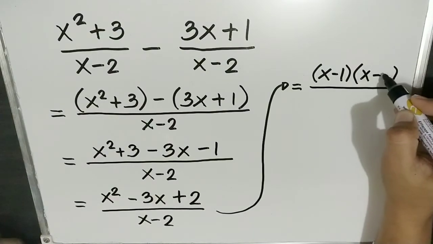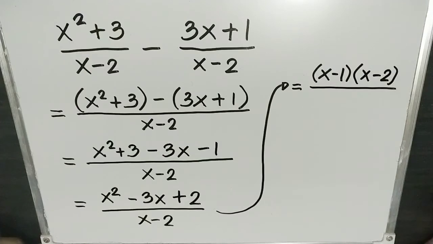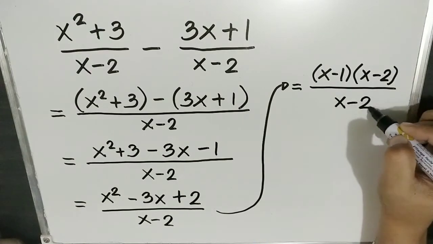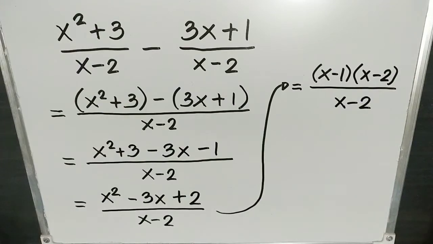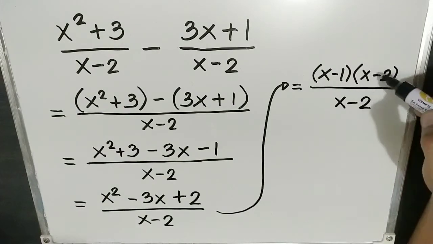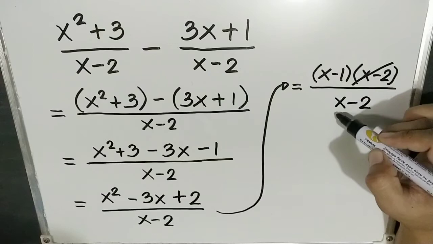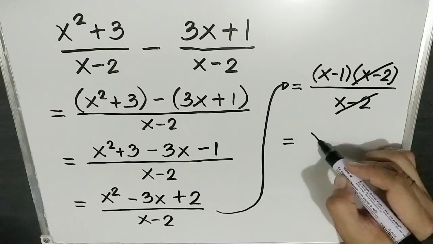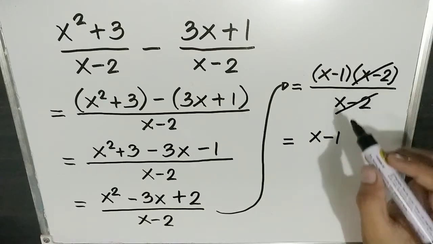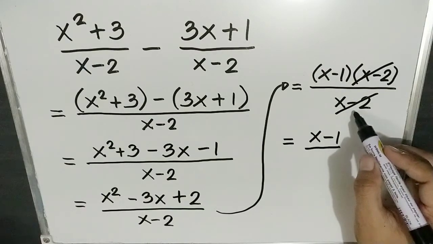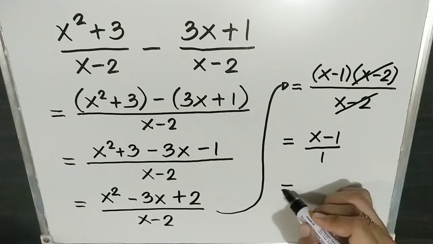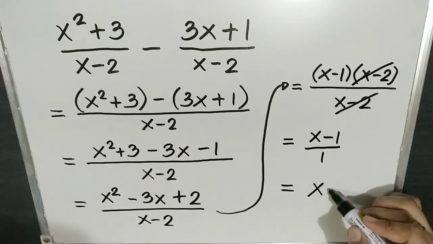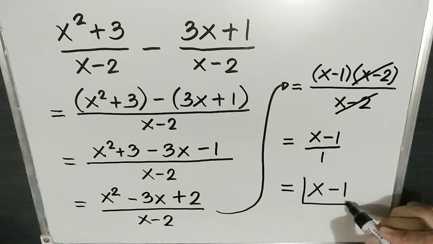The other one is x minus 2. Alright, then copy the denominator x minus 2. So in this case, we can cancel or cross out the common factor x minus 2 and x minus 2. So we have x minus 1 in the numerator, and in the denominator we have 1 here. So our difference in simplest form is x minus 1.